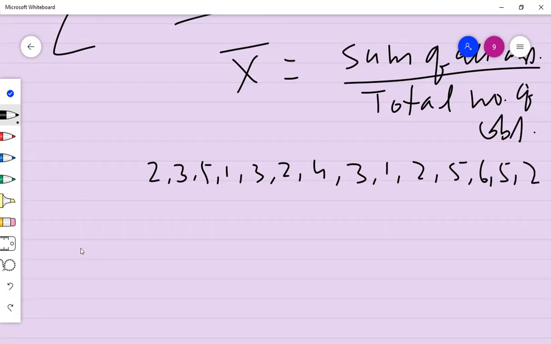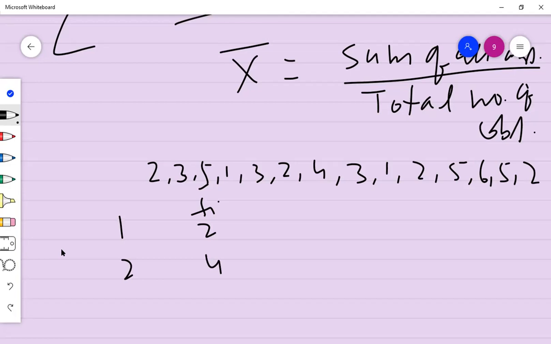We see that certain numbers occur more than one time. One is coming how many times? One is coming 2 times. So we say frequency is 2. Fi, frequency, means repeating 2 times. 2 is coming how many times? 1, 2, 3, 4 times. Frequency is 4.